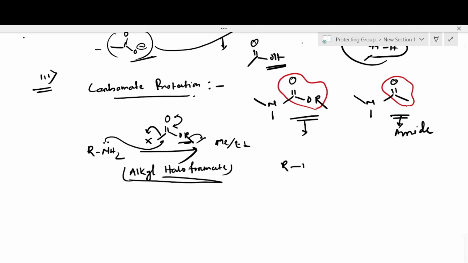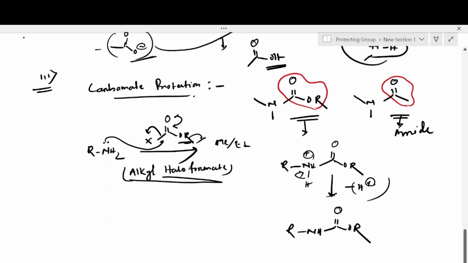Then this species will form. After its formation, one of the hydrogens leaves as H plus ion and it forms your carbamate.